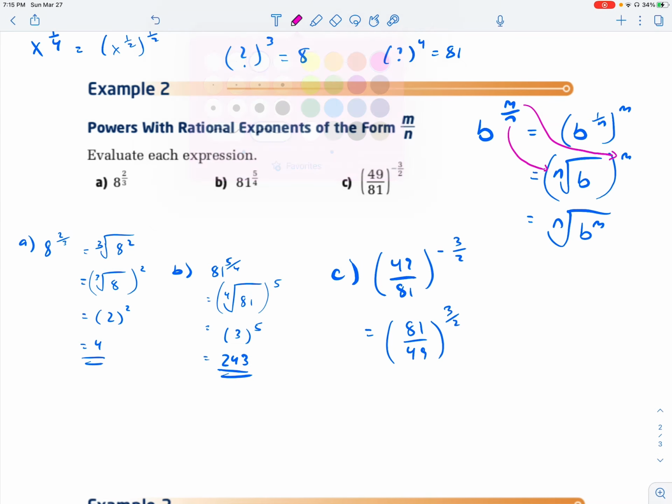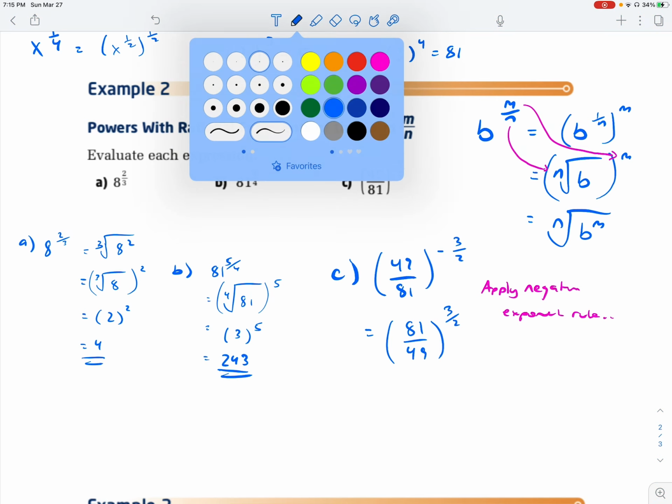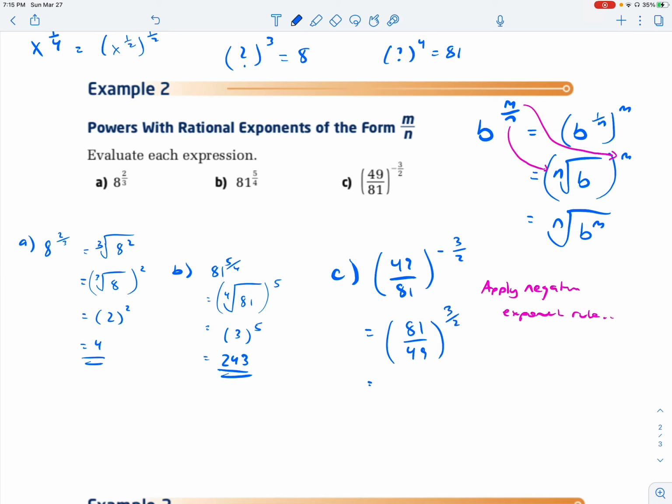So we just apply the negative exponent rule. Now for the 2 on the bottom, what this means is we get to take the square root and then cube it. So 81 over 49, and then we cube that.